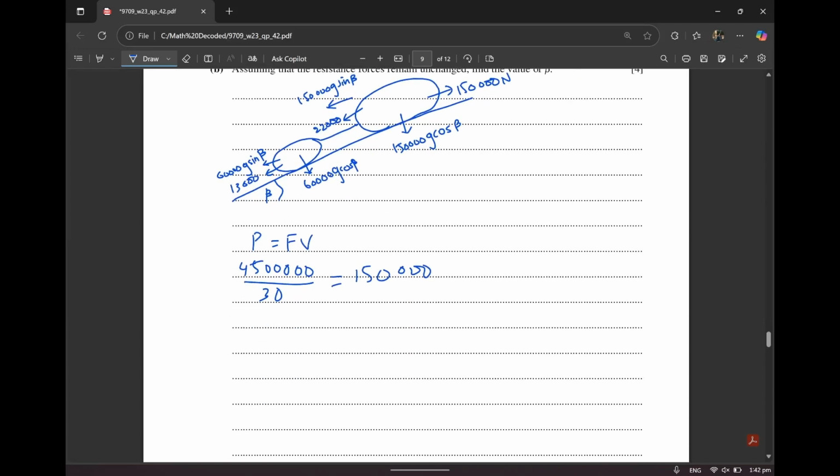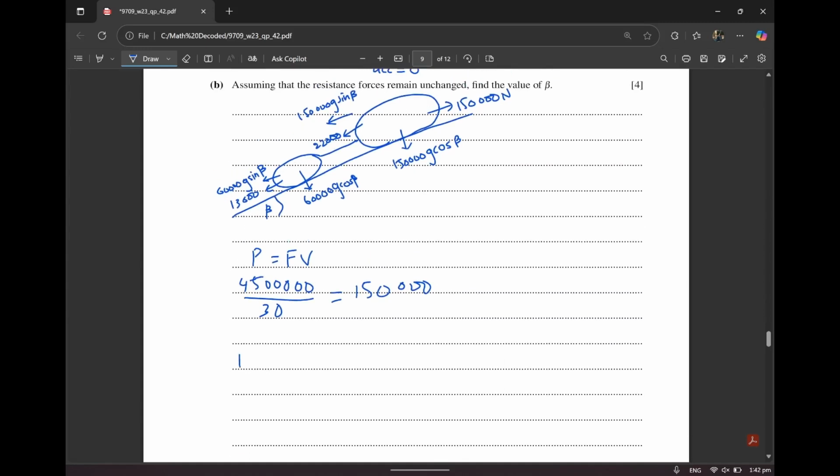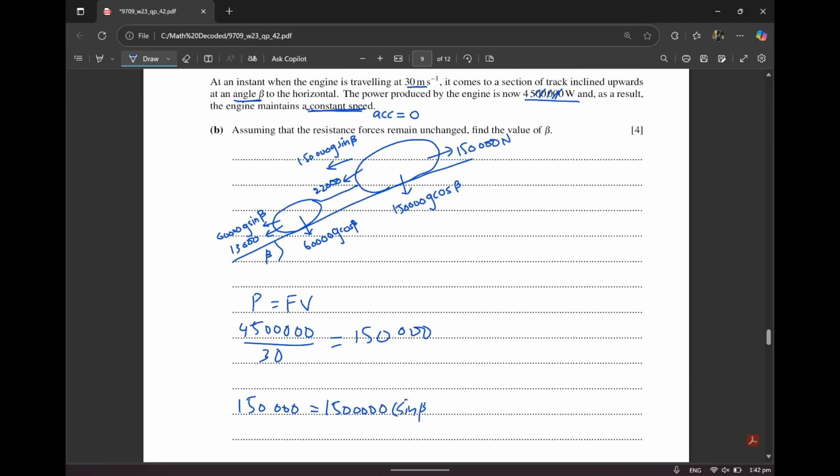Again, we'll work out the resultant force the same way. Forward forces minus the backward forces. That's going to be 150,000 G sin beta minus 22,000 minus 12.